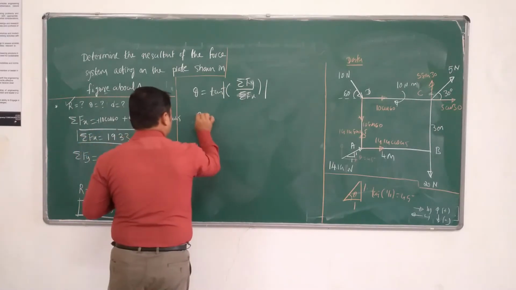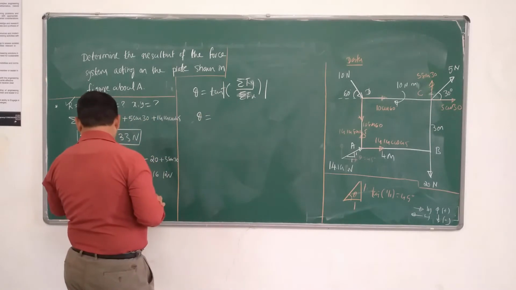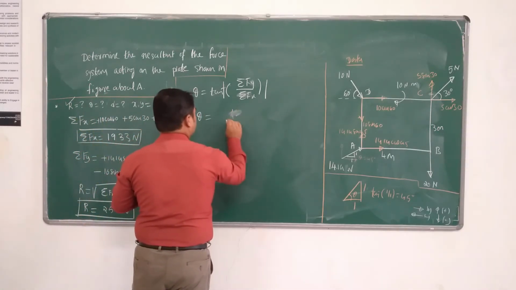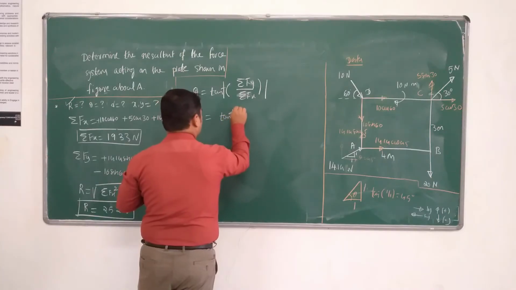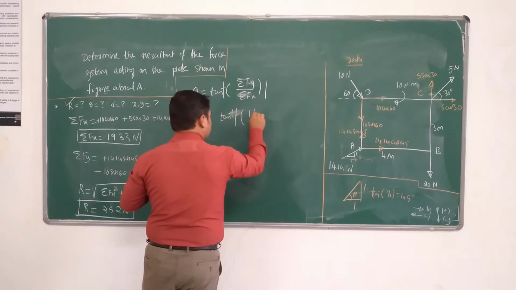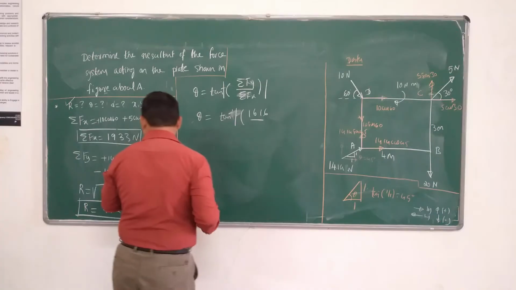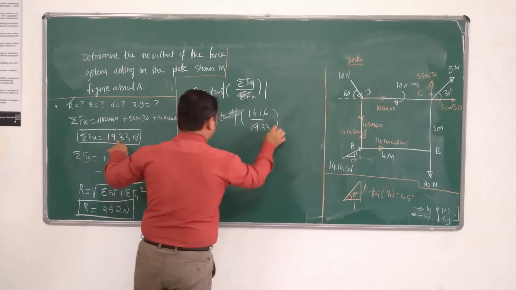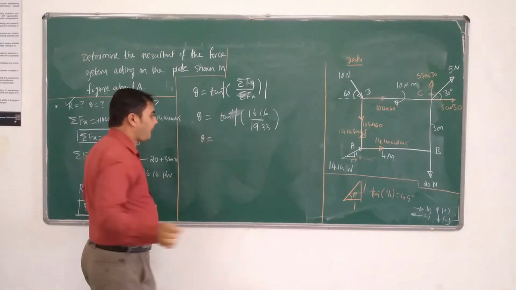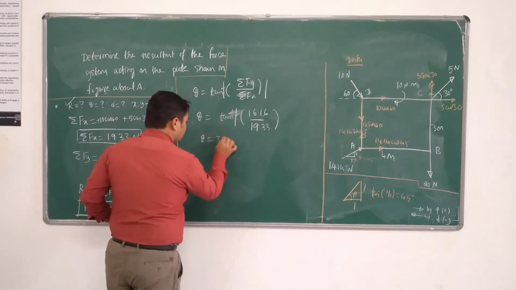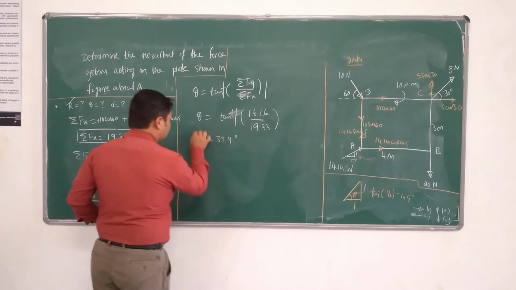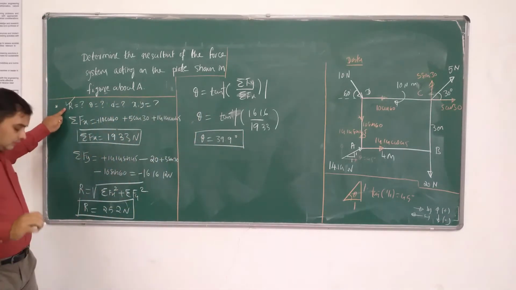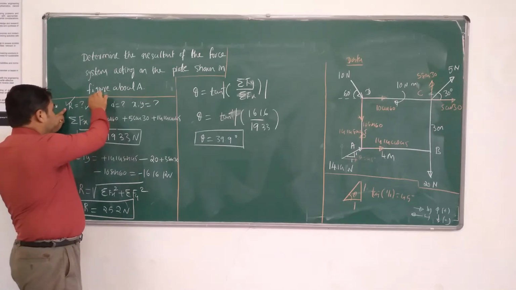So theta is equal to tan inverse of modulus of 16.16 divided by 19.33. Therefore the value of theta works out to be 39.9 degrees. So this is the inclination of the resultant force. So we have calculated the resultant force and its inclination.